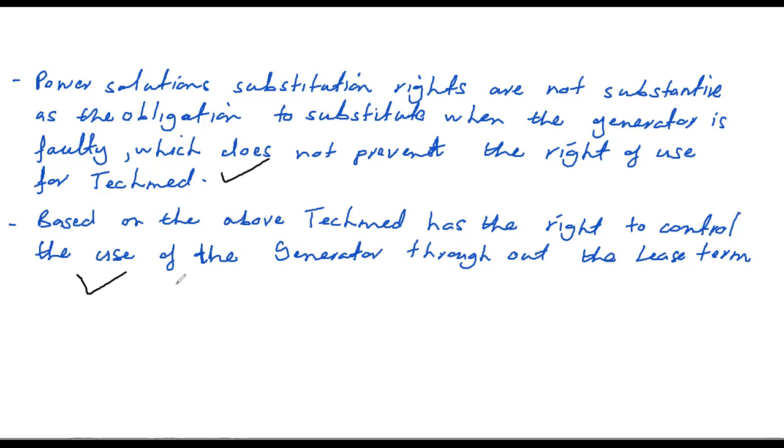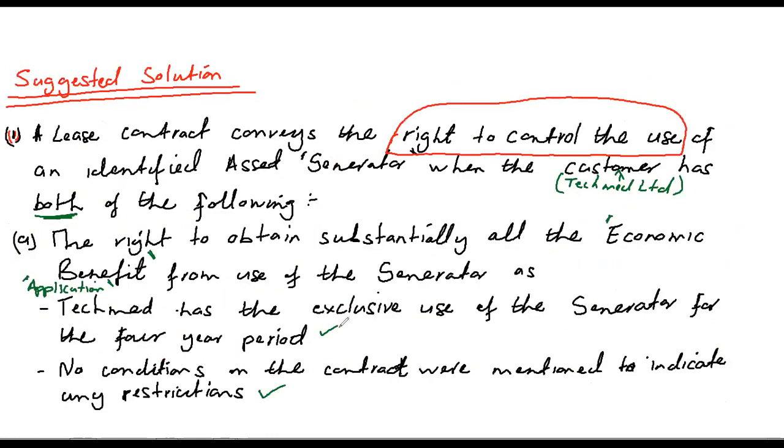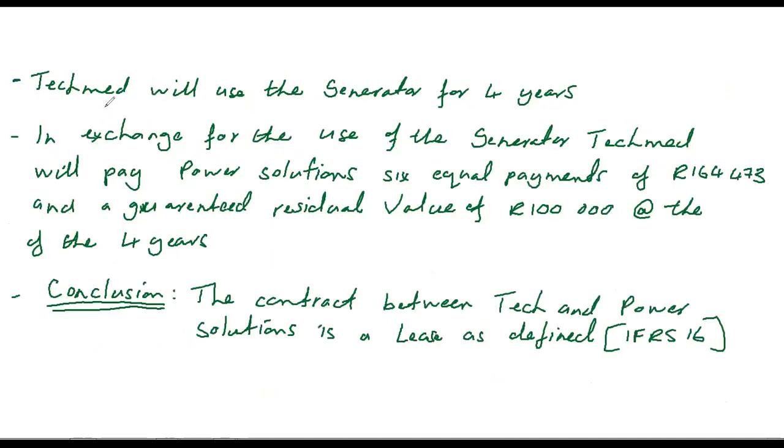It's a mark. 1, 2, 3, 4, 5, 6, 7, 8. And then you also state that TechMate will use the generator for 4 years, for the period of time.